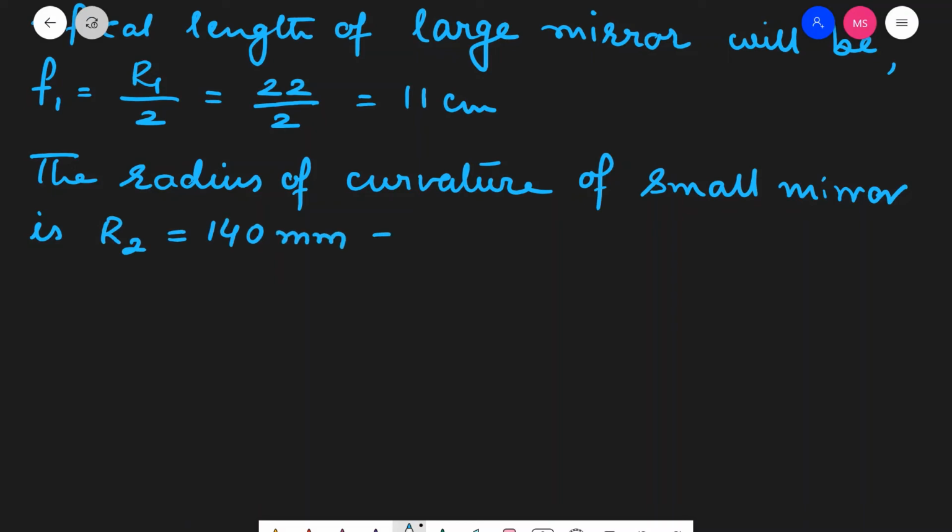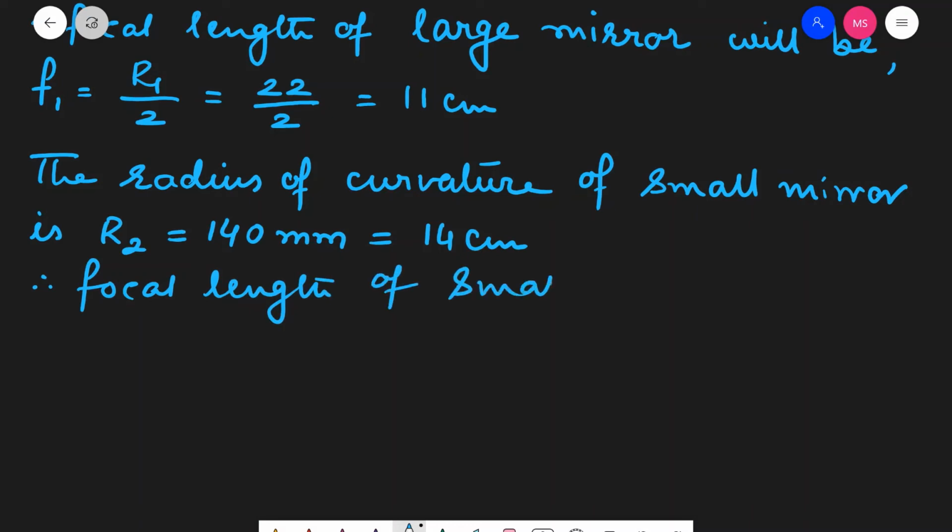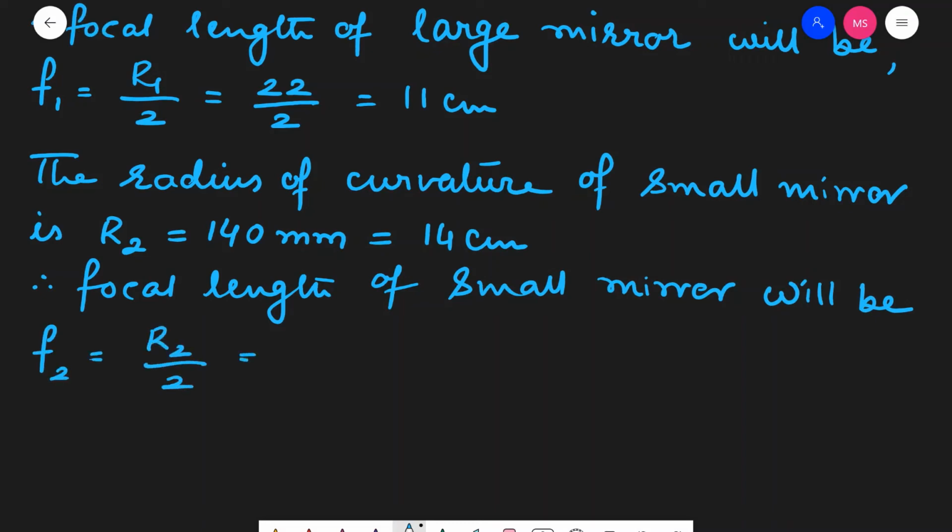So that is equal to 14 centimeter. Therefore, focal length of small mirror will be f2, which is equal to r2 by 2, that is 14 by 2 equal to 7 centimeter.